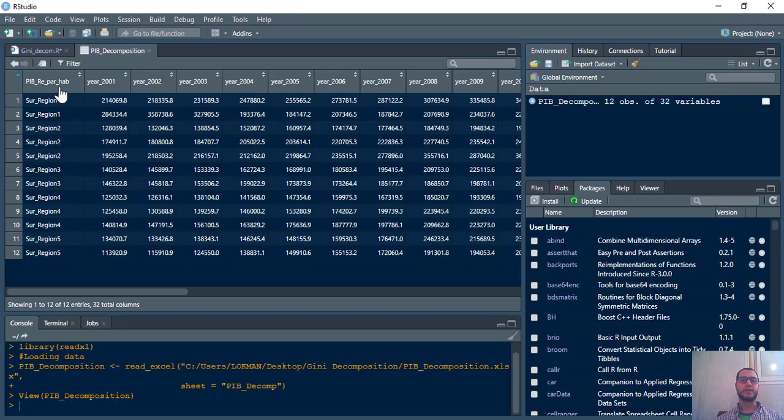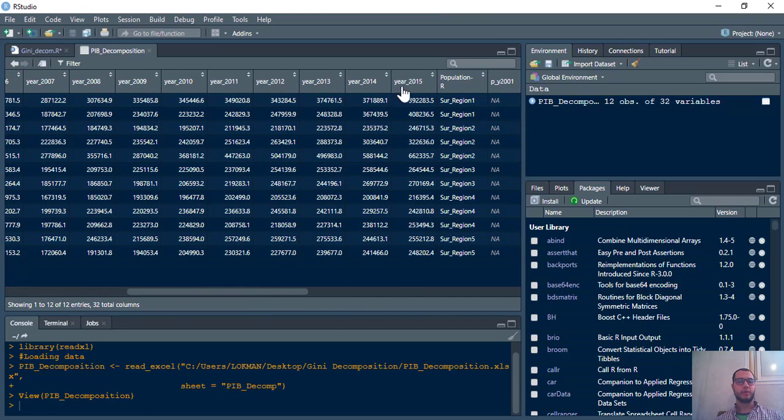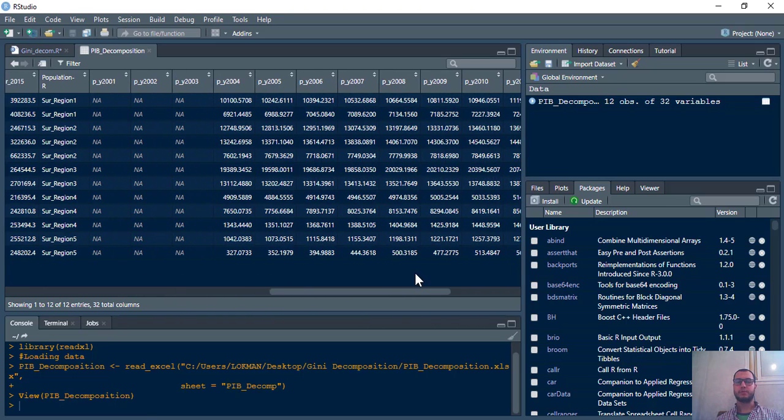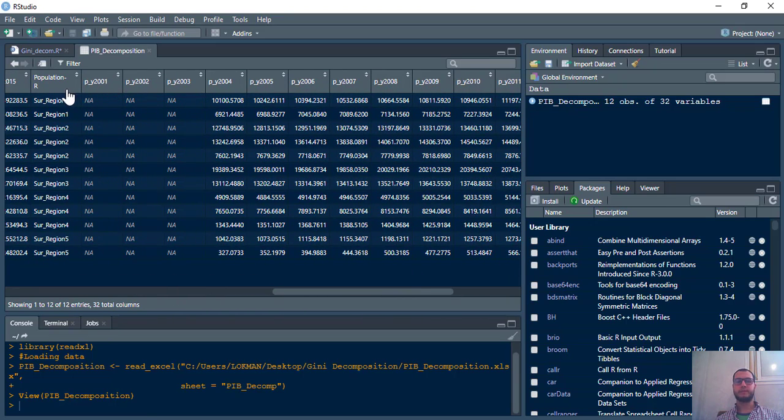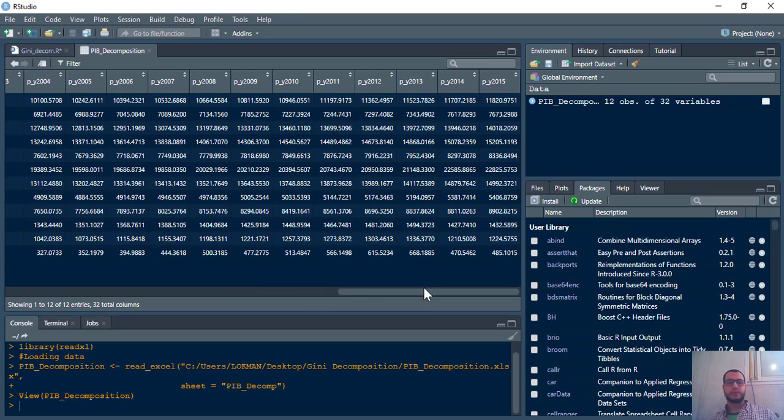This is the data: the regional GDP per capita from 2001 to 2015, and I have the population only from 2004 to 2015.